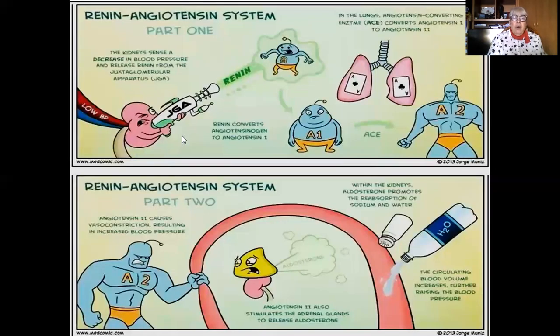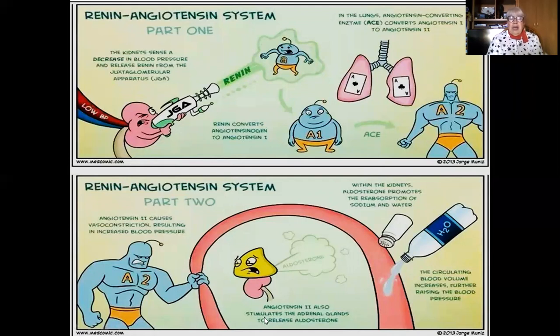So let's go on to this funny picture. I want to show you and stress that the kidneys' secretion of renin helps to regulate peripheral resistance by influencing the conversion of angiotensin 1 to angiotensin 2, the strongest vasoconstrictor in the human body.